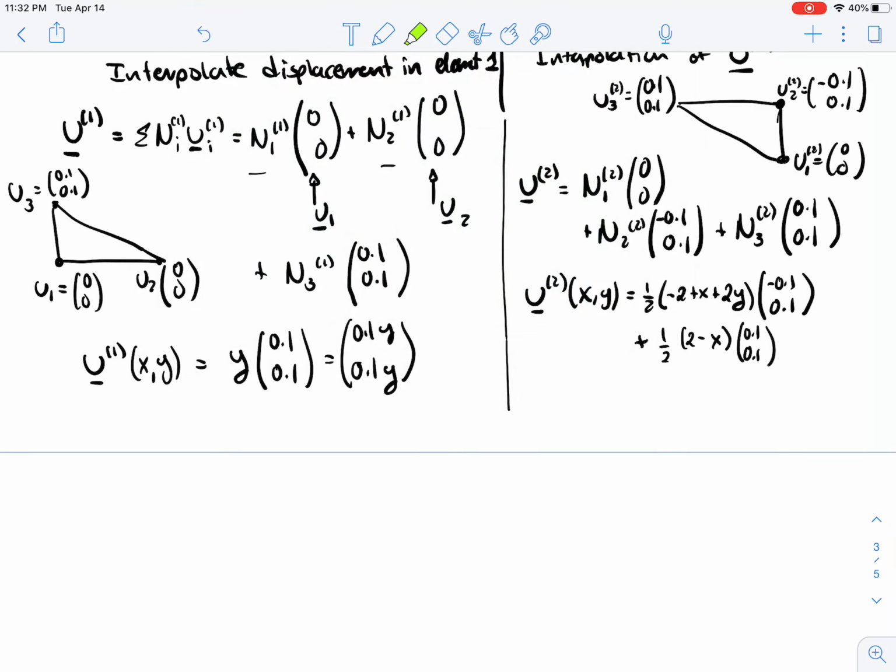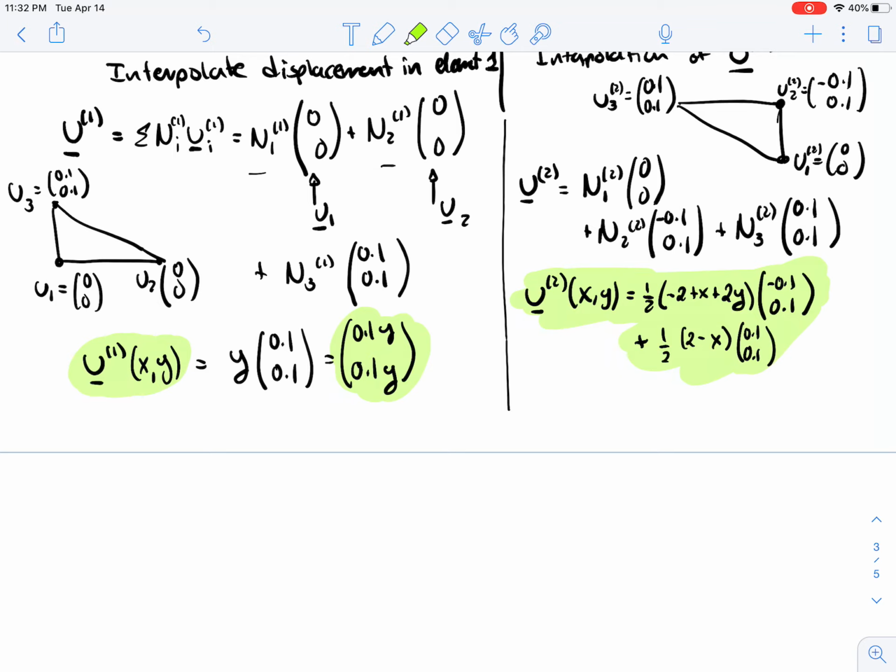You can probably simplify this a little bit, but you can see that this is a function of x and y. So I'm not going to simplify it. I'm going to leave it right at this point. So the displacement interpolated over element 1 is actually not a function of x, but it's a function of y.